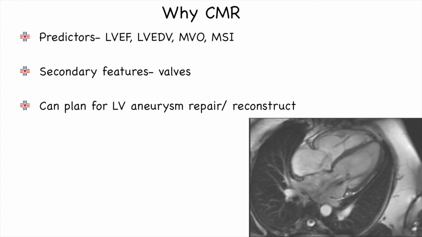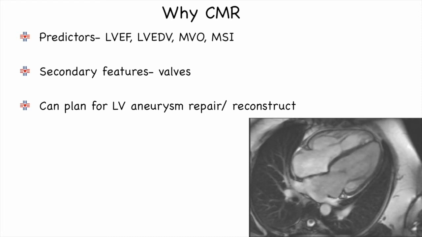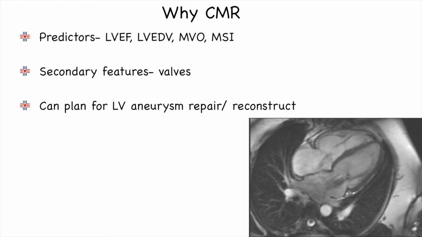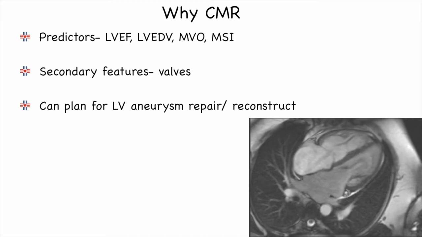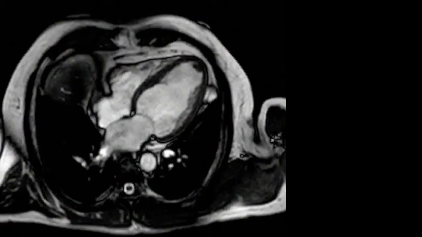It's also good when we are trying to plan for LV aneurysm repair or left ventricular reconstruction surgeries, which other modalities are not very good at providing us with the information.